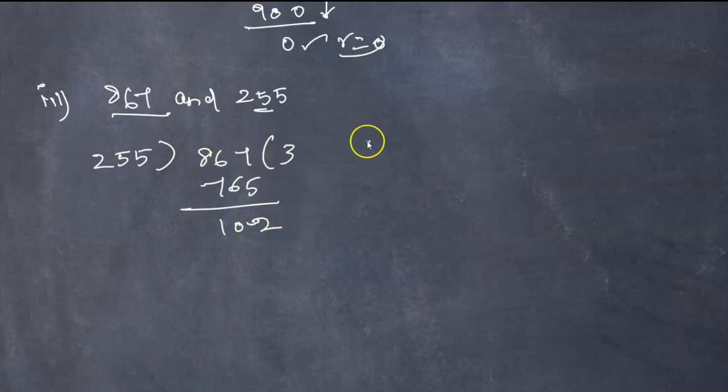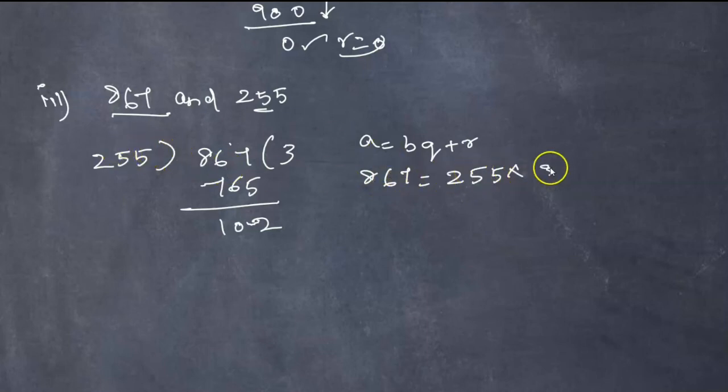But still you have tried this one. A equals BQ plus R. What is A? 867. 867 equals B, 255 into 3 plus R is 102.